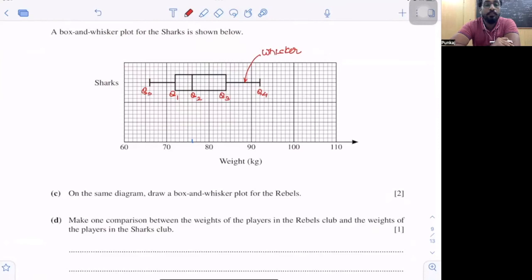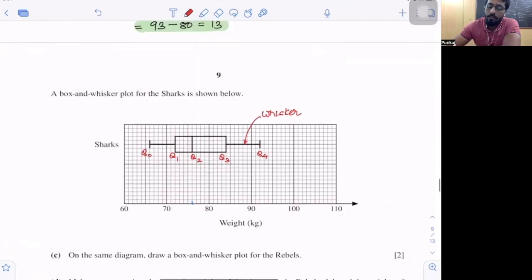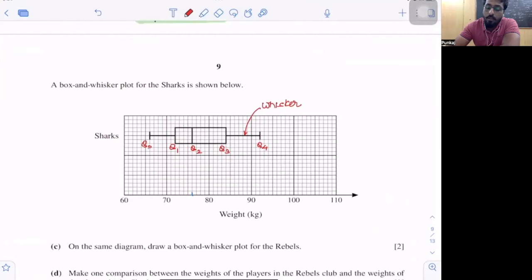Any value which lies beyond this particular value, if I say x, it is q3 plus 1.5 times IQR, and q1 minus 1.5 times IQR. Any values which lie beyond q3 plus 1.5 times IQR and q1 minus 1.5 times IQR, if you recall, are called the outliers.